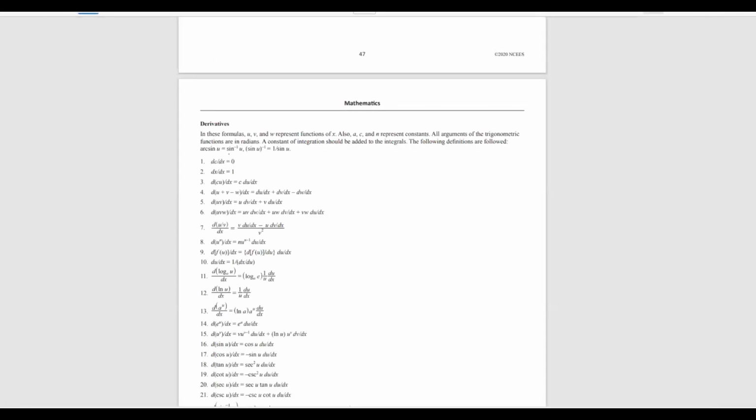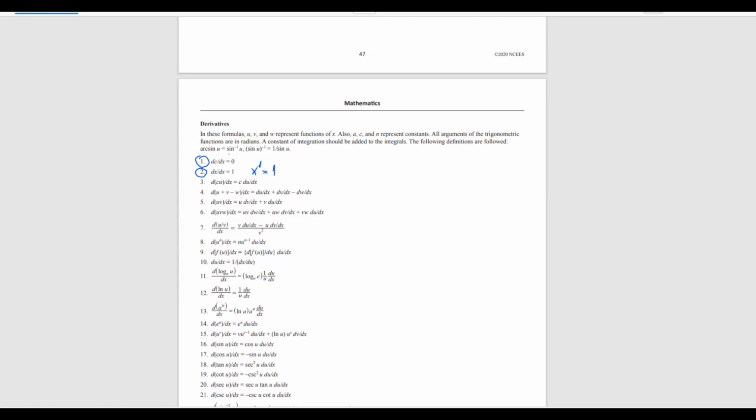We are going to go to the FE handbook and find a few formulas that we're going to use in order to solve this. We're going to use the derivative of a constant equals 0. We're also going to use number 2, which says derivative of x dx equals 1.